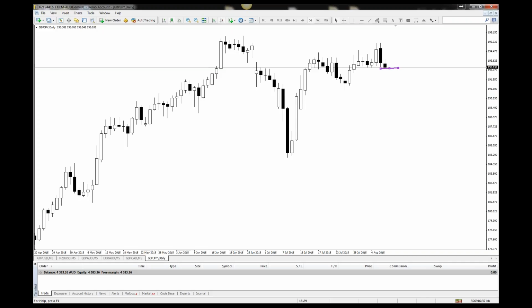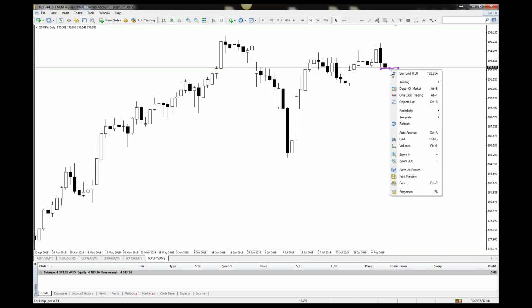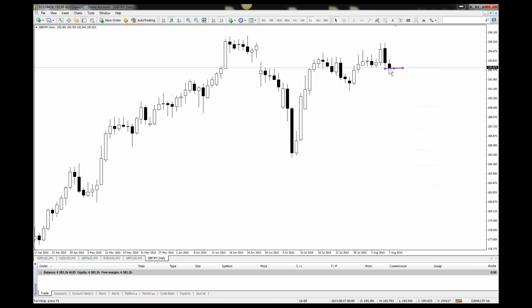Let me see what this is. And why did you pick that level? All right, this isn't working here. Let me do it. Okay, so the bottom on this bar is 193.11.